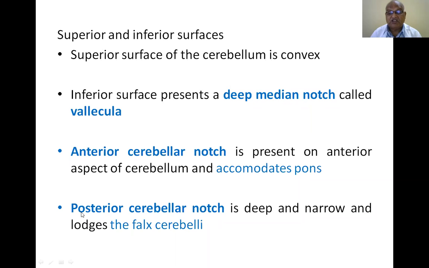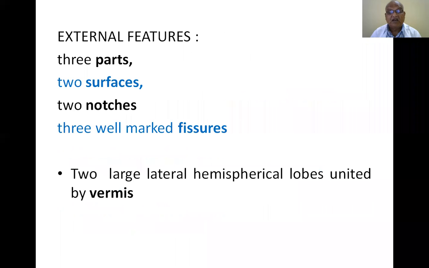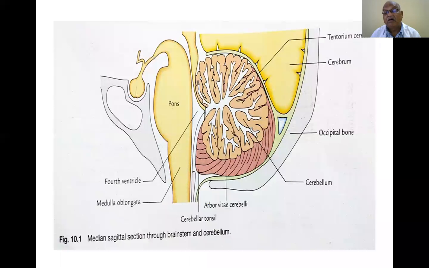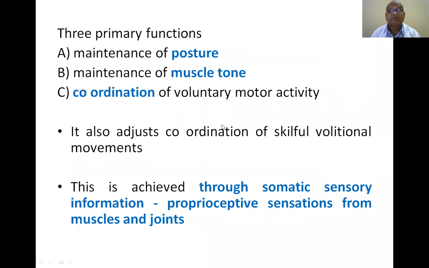So a certain amount of dura mater also extends into the cerebellum, called the falx cerebelli.